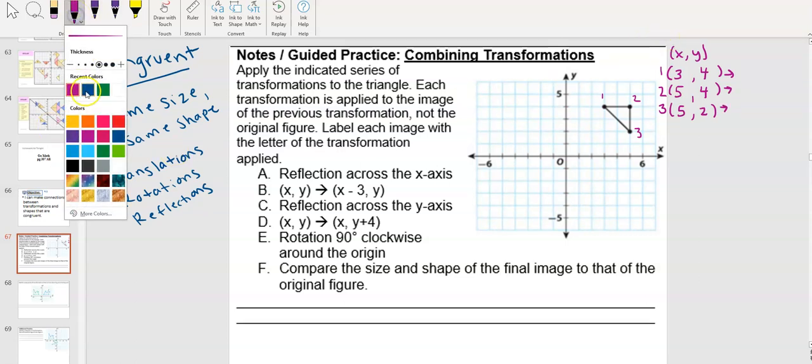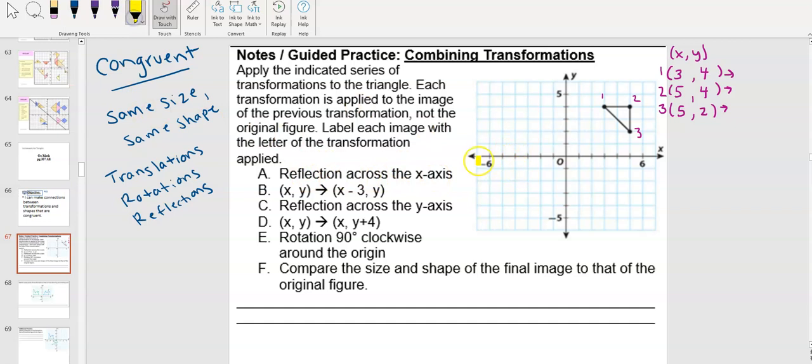Okay. So the first one that we're going to do is to reflect across the x-axis. So remember that our x-axis is here, and I'm going to do a reflection. The rule that I'm going to use for reflections is x, negative y.